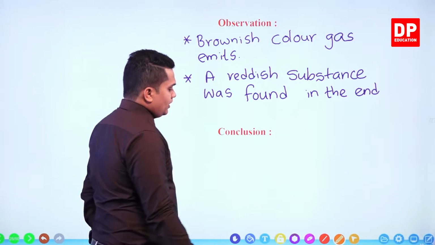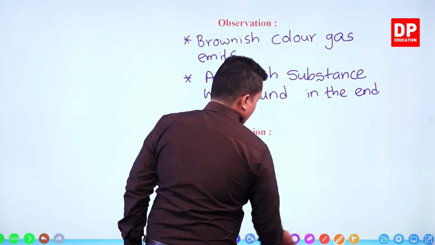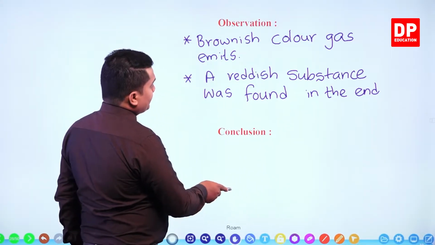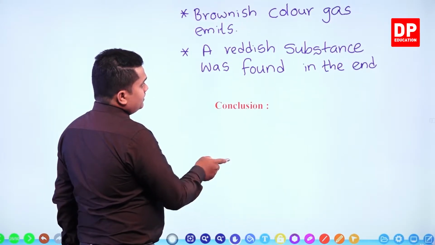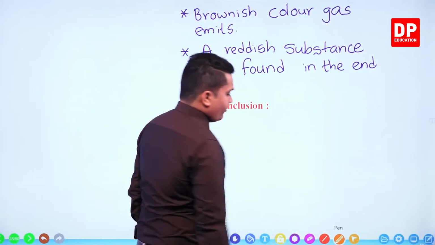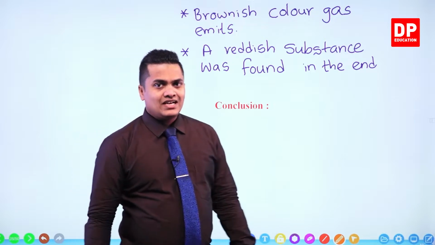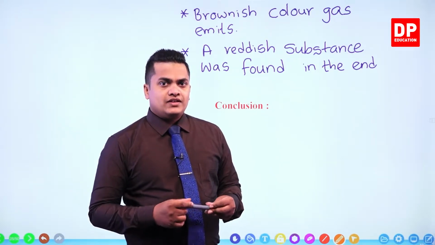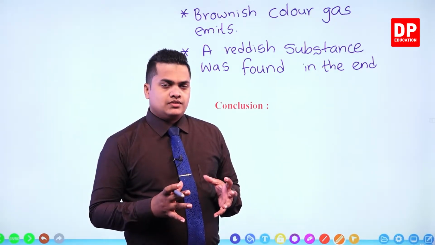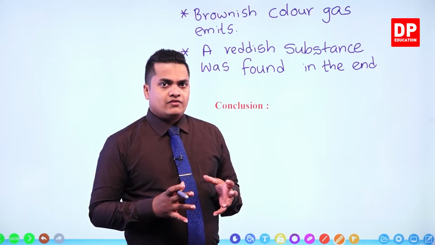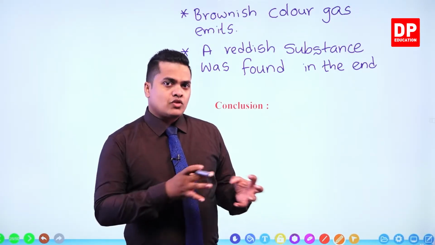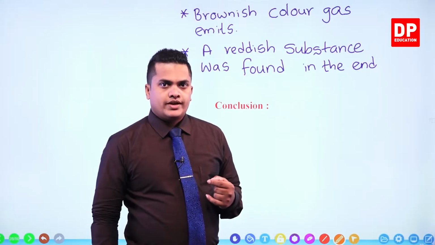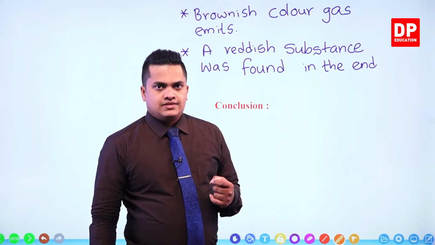So here you can see that earlier the lead nitrate was white in color and it is a kind of powder, a kind of salt, a crystal.